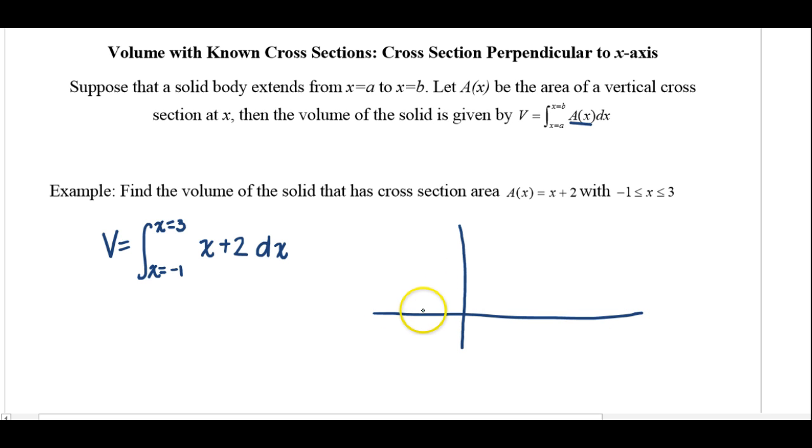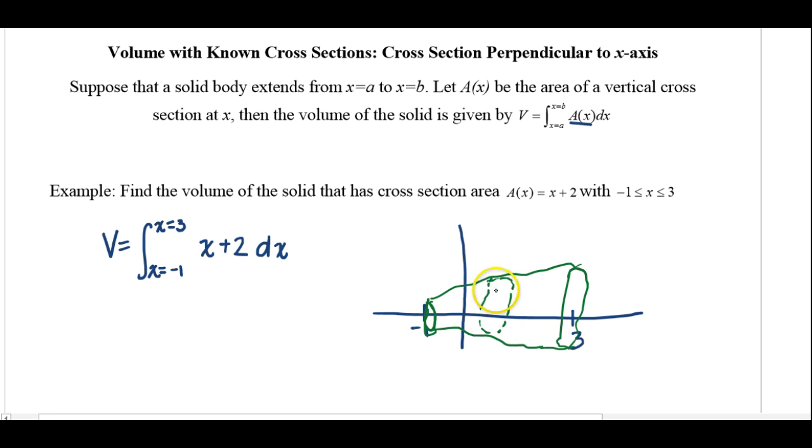I'm going to have some solid object that extends from -1 to 3. So I'm going to draw just anything that sort of looks three-dimensional. So I don't know, something like this maybe. And it has some weird cross-sectional shape. So let's say every cross-section has this weird shape, kind of like that turkey leg.